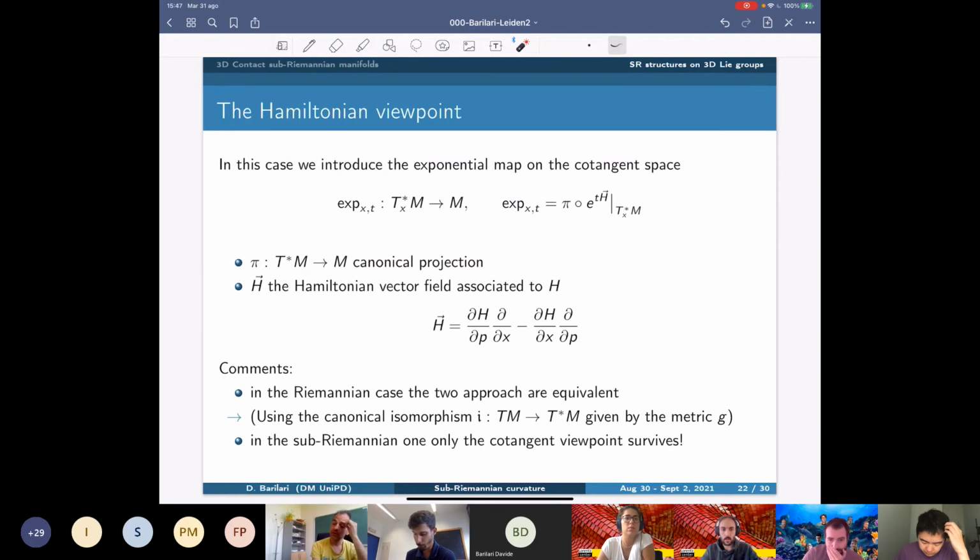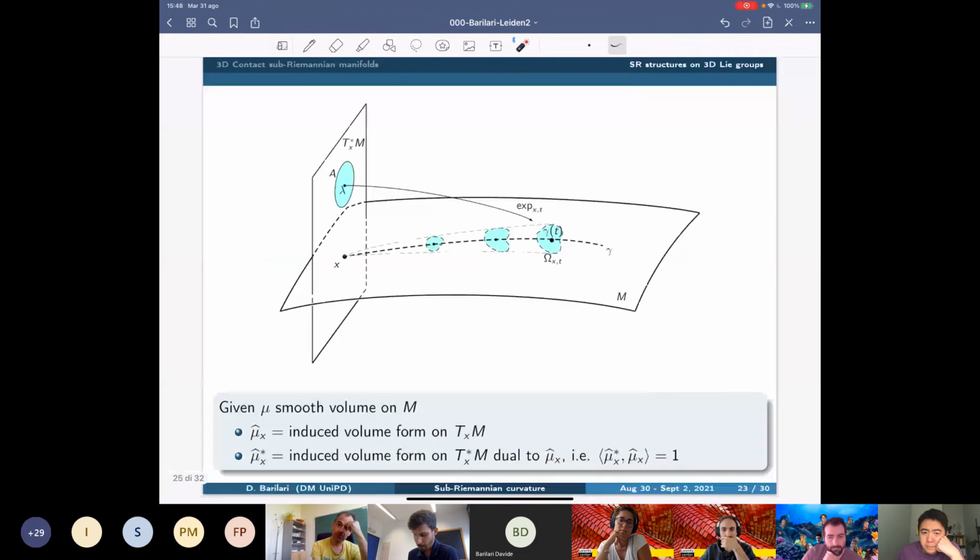Of course, in the Riemannian case, you can use the Hamiltonian flow version, or you can use the Lagrangian one. But in the Sub-Riemannian case, the Hamiltonian approach is more convenient, because we do not have a canonical isomorphism given by the metric, because the metric is not defined everywhere.